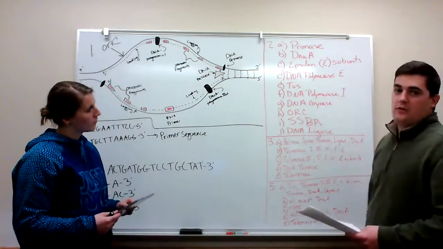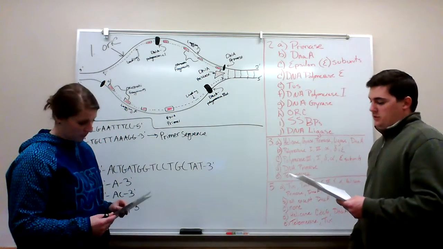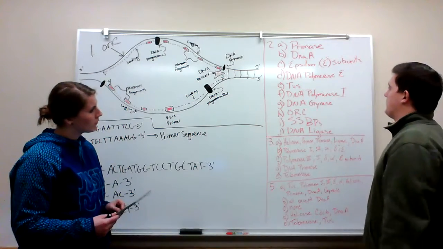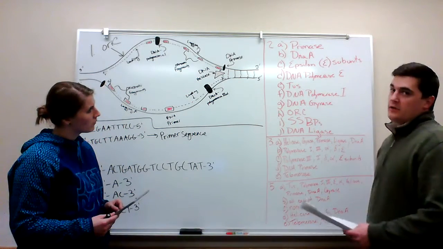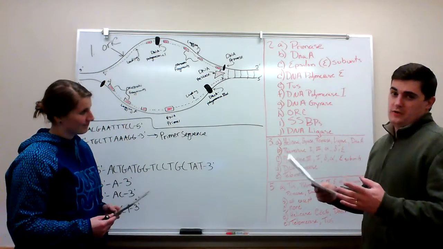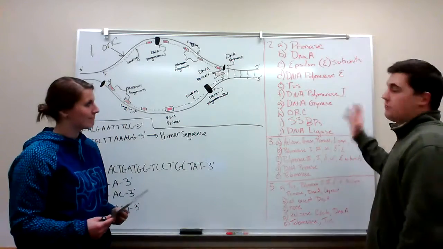This would be the epsilon subunit. For D, this protein synthesizes the leading strand in eukaryotes. We got DNA polymerase epsilon. There's a couple variations, epsilon, delta, alpha, so this one falls under the epsilon.